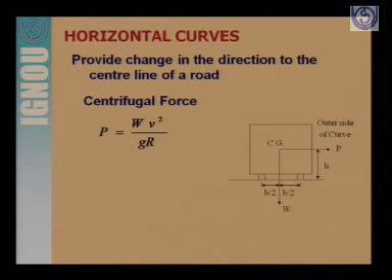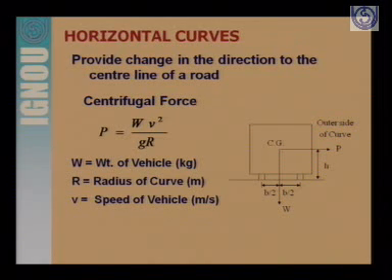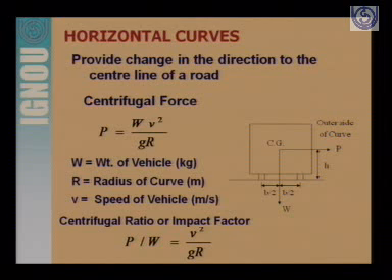If we calculate it mathematically, this centrifugal force P, which is acting on this vehicle on the outer side of the curve, is WV square upon GR, where W is the weight of the vehicle, R is the radius of the curve in meters, V is the speed of the vehicle in meters per second, and G is the acceleration due to gravity.